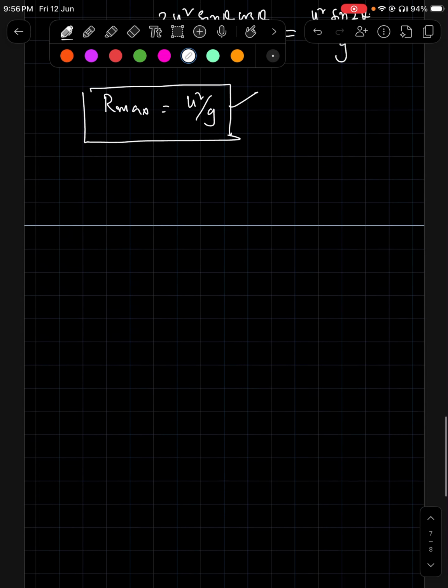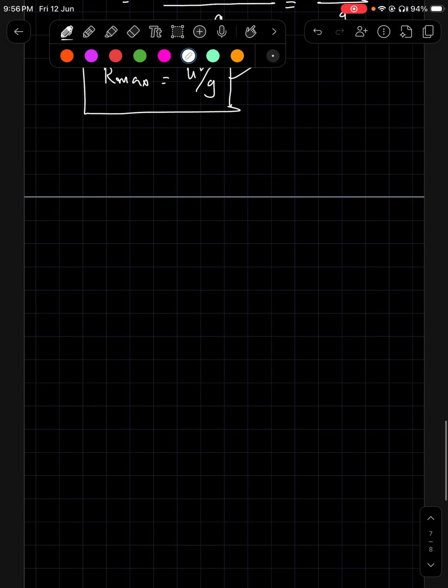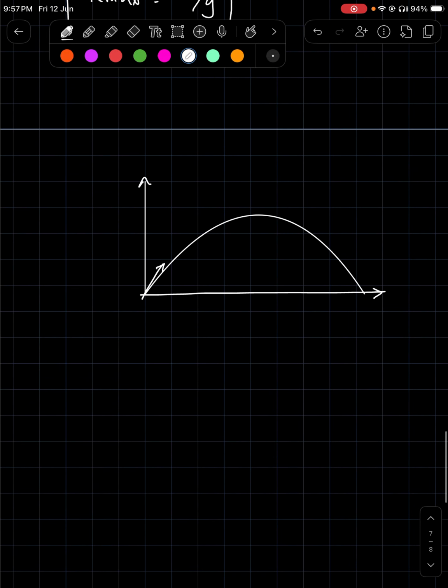For the horizontal case, I have to show one more very important characteristic. When a projectile is thrown, suppose the velocity is given as 2 i cap plus 3 j cap meter per second.